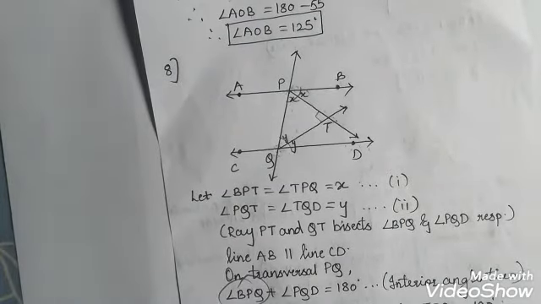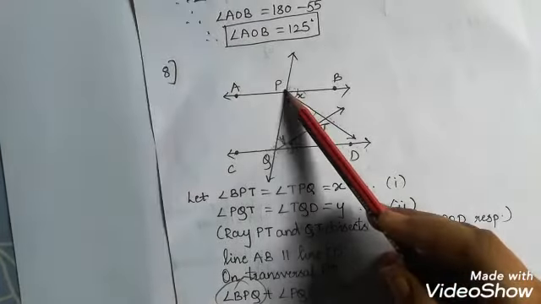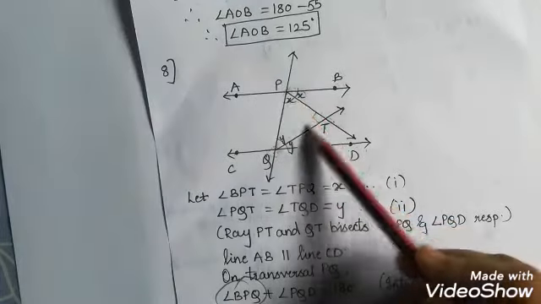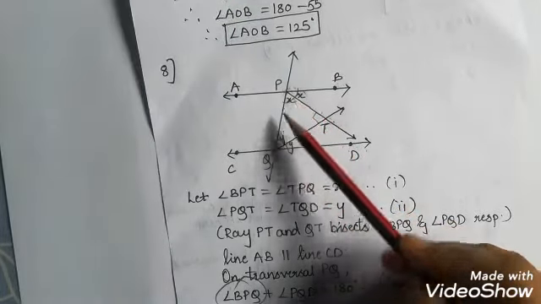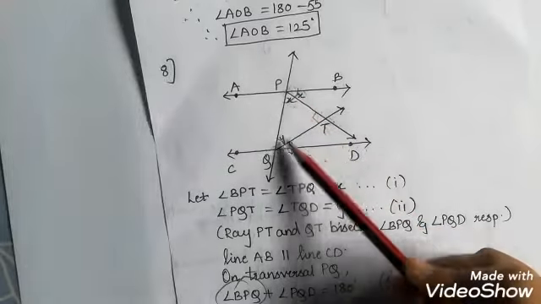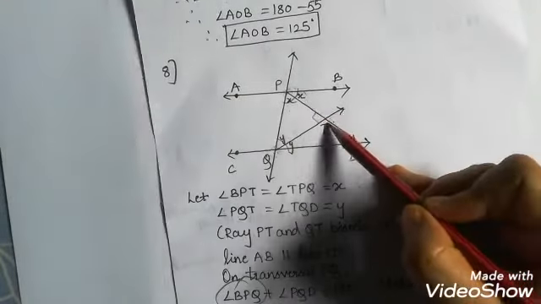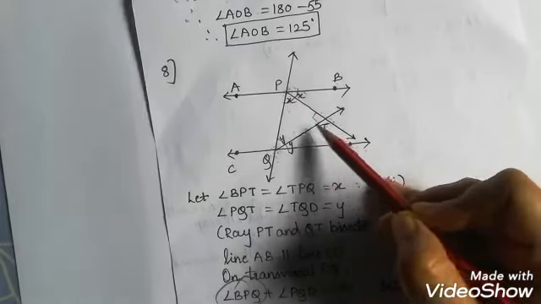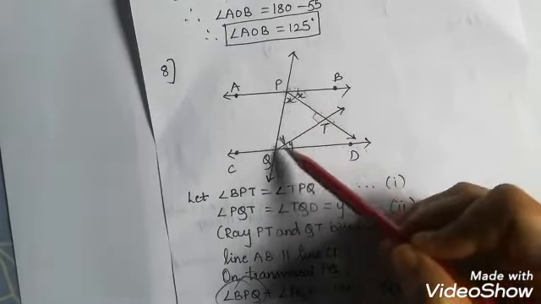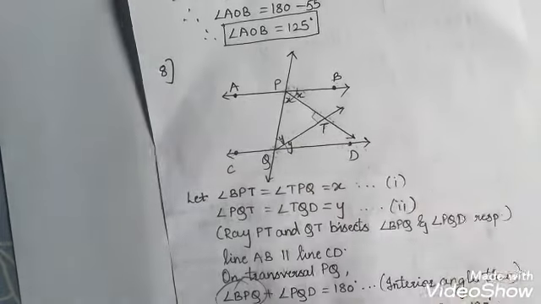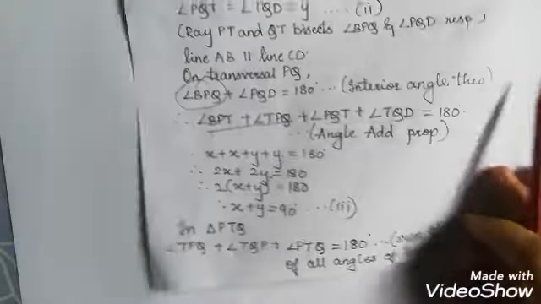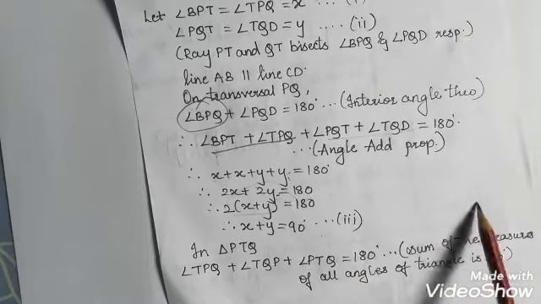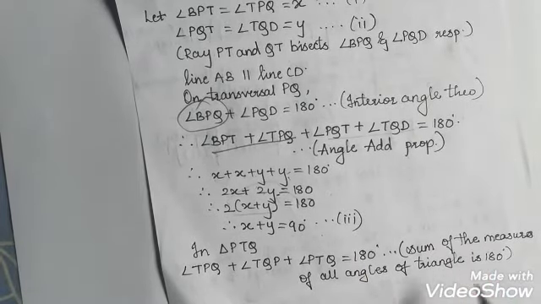So to prove that, I will take the smaller triangle PQT and add all the three angles. That is angle TPQ plus angle TQP plus angle PTQ, which is equal to 180 degrees. I have written the reason: the sum of measures of all angles of a triangle is 180 degrees.